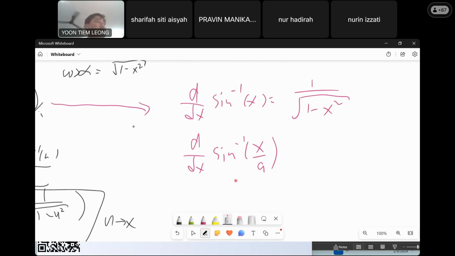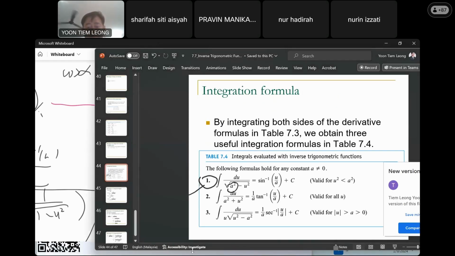Then you perform the definite integrations. Then you'll be able to arrive at the formula that I mentioned earlier on to you, namely equation number 1 in table 7.4. So now we are trying to derive these relationships.